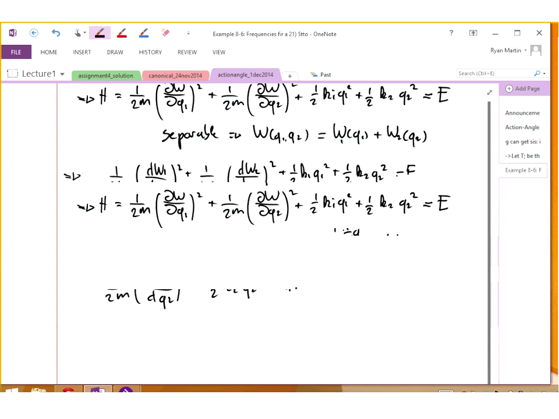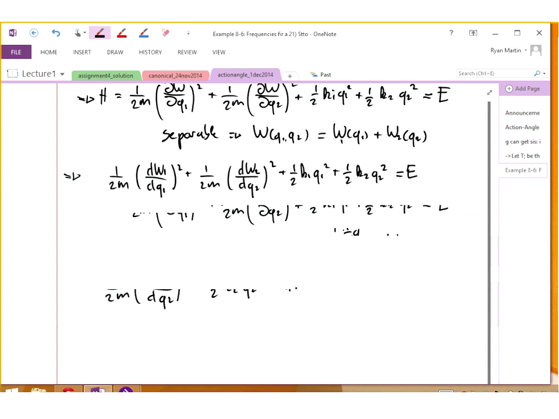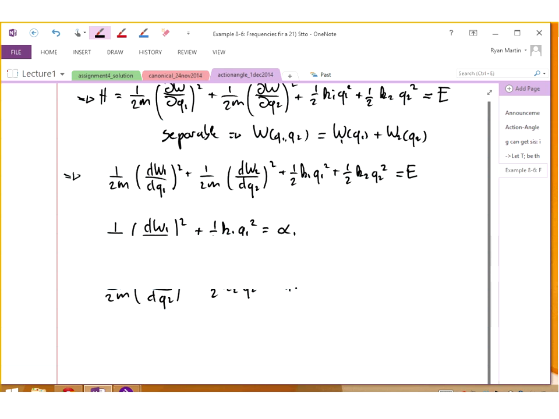Now, at this point, if I were to follow the Hamilton-Jacobi method, I could actually solve quite easily, right, these two ordinary differential equations for W1 and W2, and I'd be done. I can solve for the motion of the system. These are very straightforward differential equations to solve.